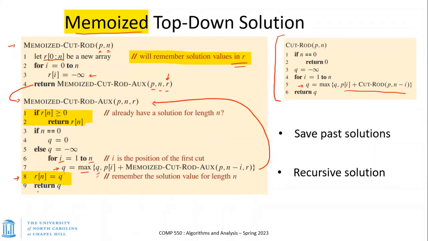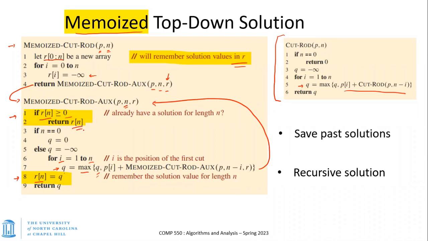So once you've computed q, you're going to save that in the optimal revenue table. And next time when you're calling it with the value of n, you're first going to check whether you already have the optimal solution. If the optimal solution, which is here, is non-negative, which means it's not negative infinity, then you have already computed it, and so we're simply going to return the value that you've already computed.